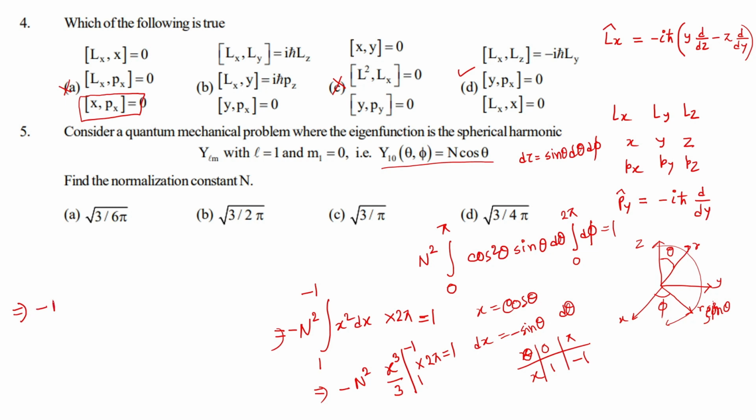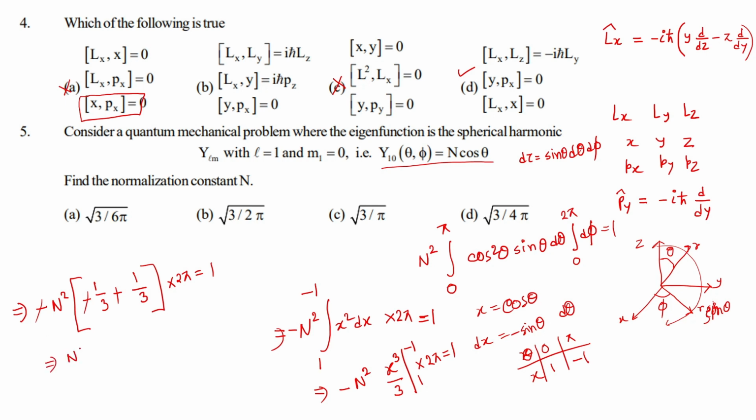Then we have minus N square. For minus 1 cube it would be minus 1 by 3, and then minus 1 by 3, into 2 pi, equals 1. Let us take all the minus common, and it would all be plus.